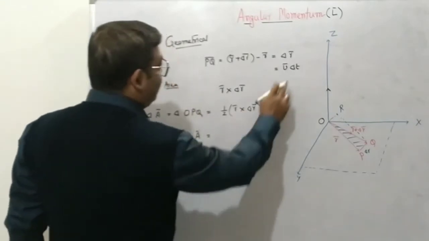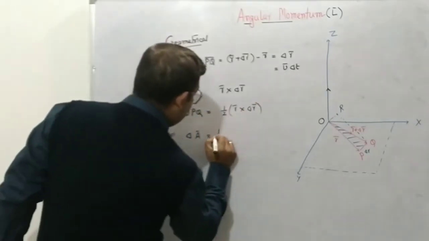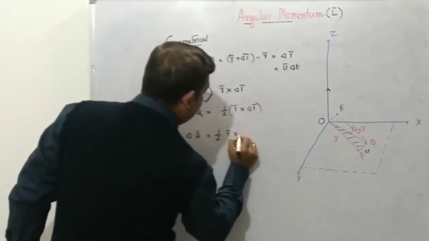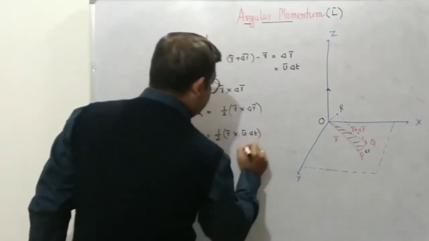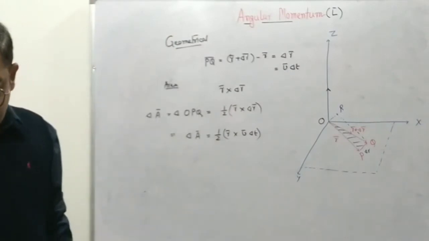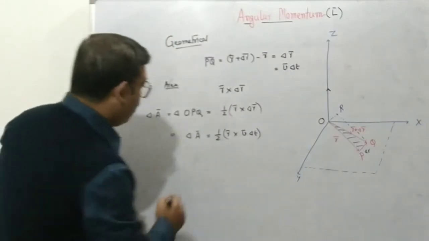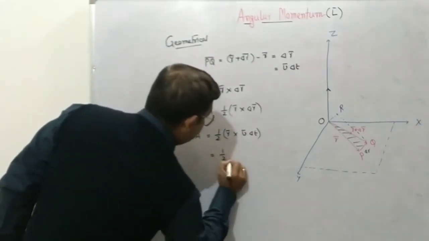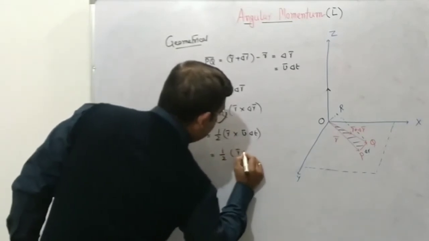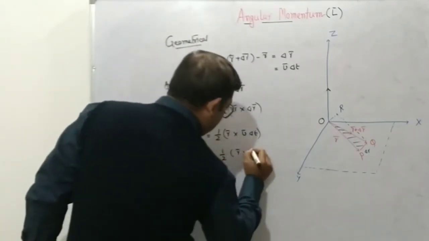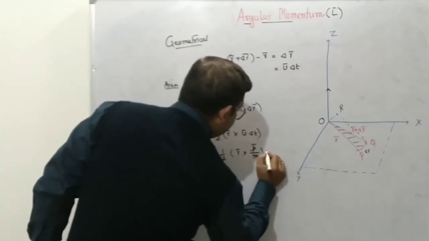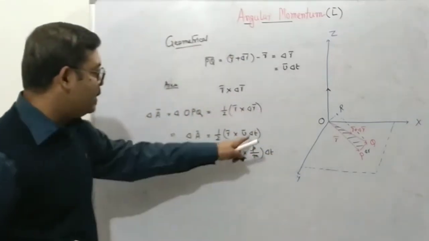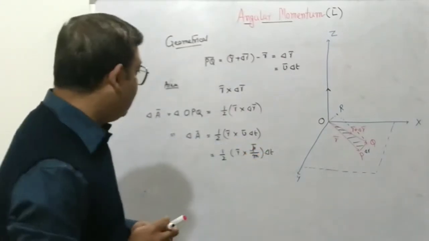We can substitute the value of delta r as v delta t, so delta A equals half r cross v delta t. Now v can be written as p by m. Delta t being a scalar, we have taken it outside the cross product.